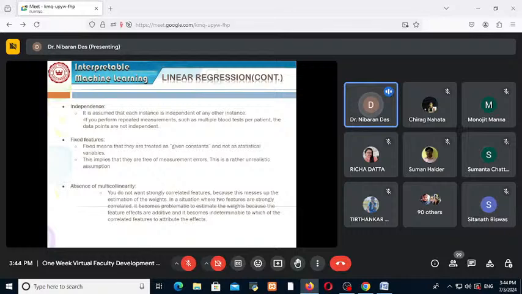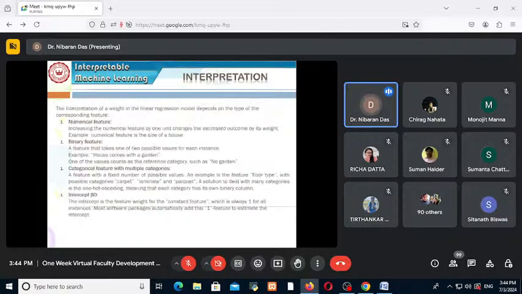So in a regression model, we do not want highly correlated features. Strongly correlated features are not desirable, because this messes up the estimation of the weights. Where two features are strongly correlated, it becomes problematic to estimate the weights, because the feature effects are additive, and it becomes indeterminable to which of the correlated features to attribute the effects, as I discussed earlier.